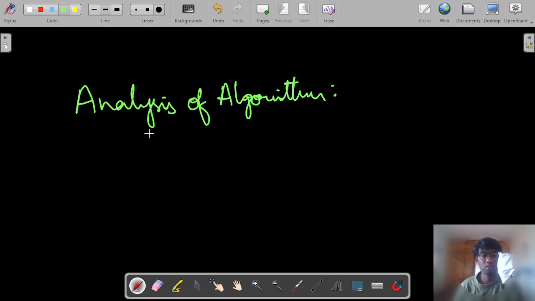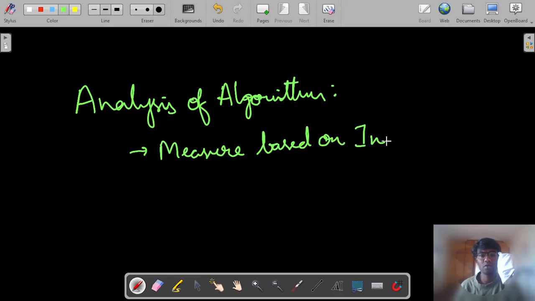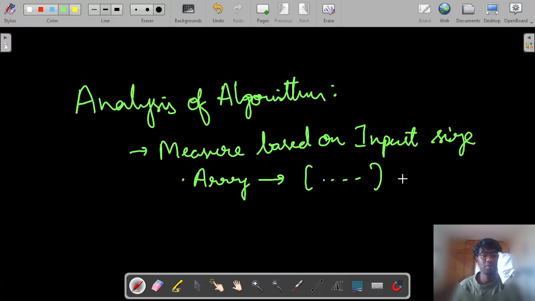So we measure based on input size. Let's say we have an input of an array. This might need to be iterated through each element, right? So this might take about the length of items.